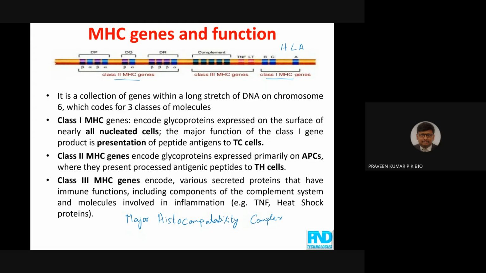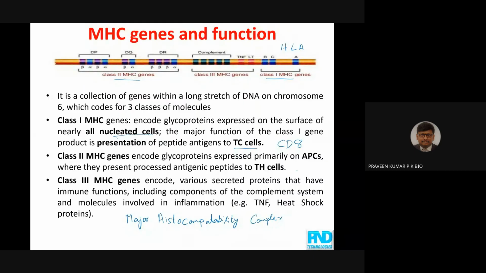Now let me tell you about class 1 MHC genes. These are generally on nucleated cells, and the major function is to present peptide antigens, only to cytotoxic T lymphocytes. Cytotoxic T lymphocytes have CD8 on the surface.